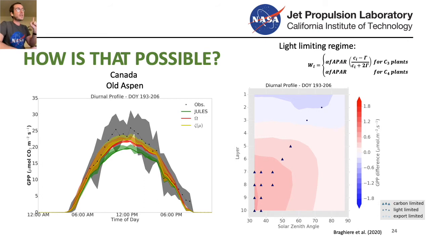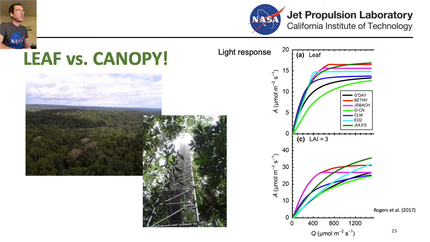layers goes up. So although the total FAPAR of the canopy decreases, the total GPP increases because of this layered behavior in JULES. So again, we go back to the discussion that a leaf is not a canopy.